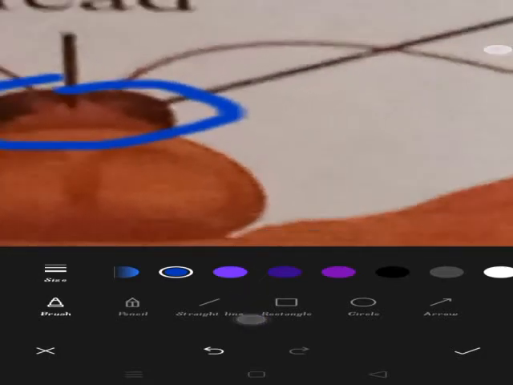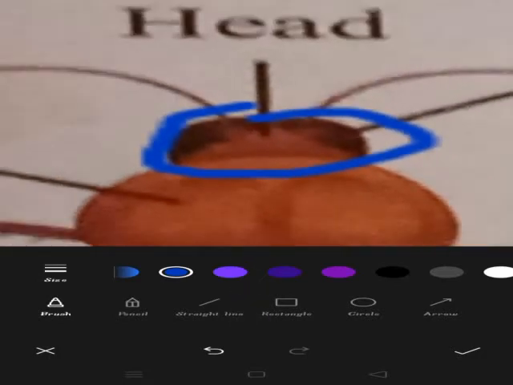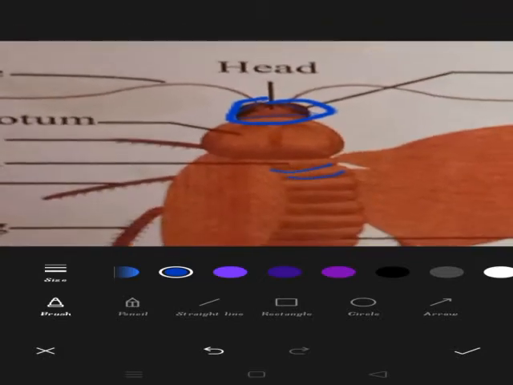The head is small in size and triangular in shape. It lies anteriorly at right angles, that is perpendicular to the longitudinal body axis, which is called hypognathous.